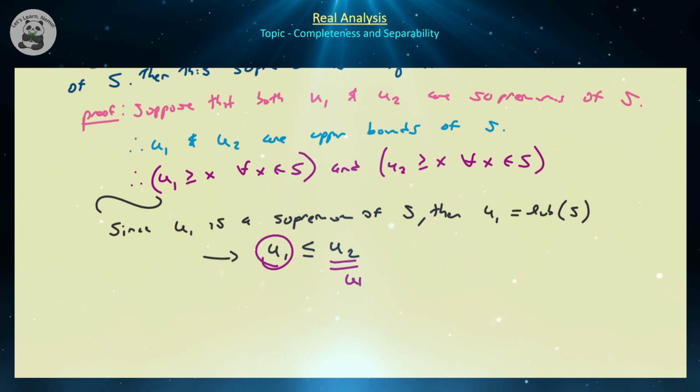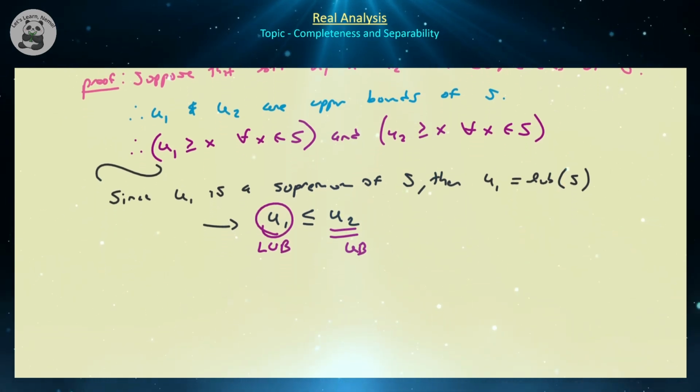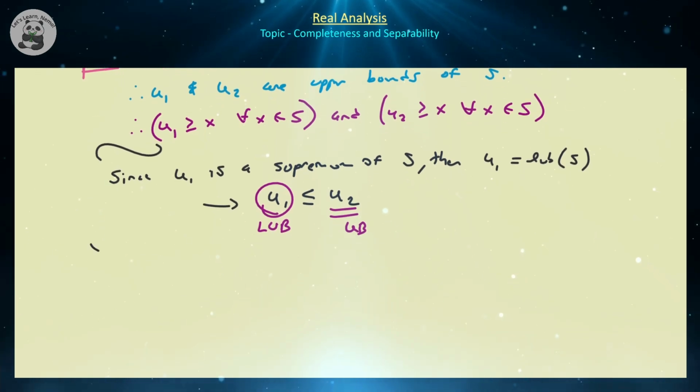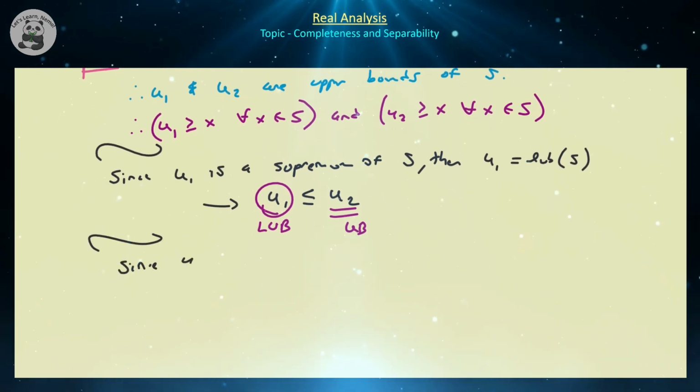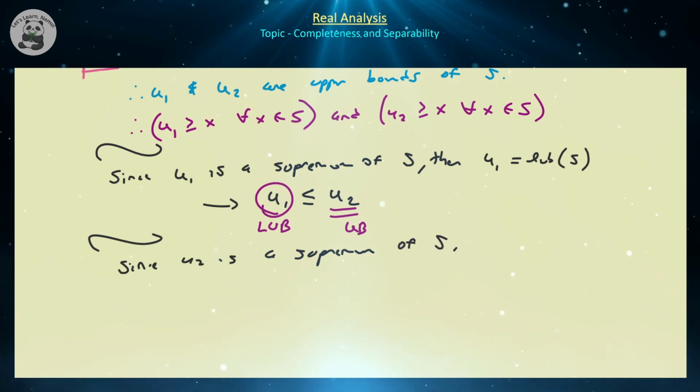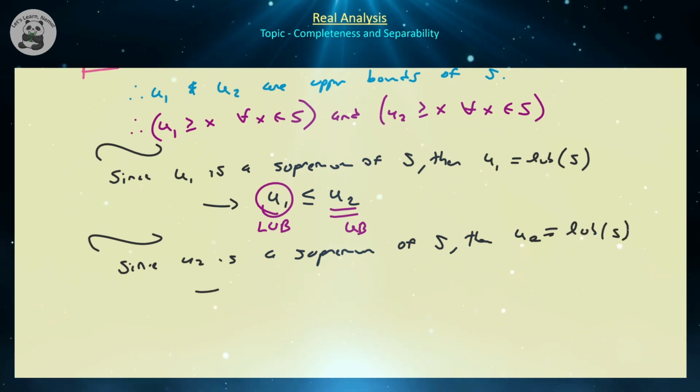Because U2 is an upper bound, and since U1 is a supremum of S, then U1 is the least upper bound. Agree? Let's also create a parallel argument for U2, because since U2 is a supremum of S, then U2 is also the least upper bound of S, which means that U2 must be less than or equal to U1.